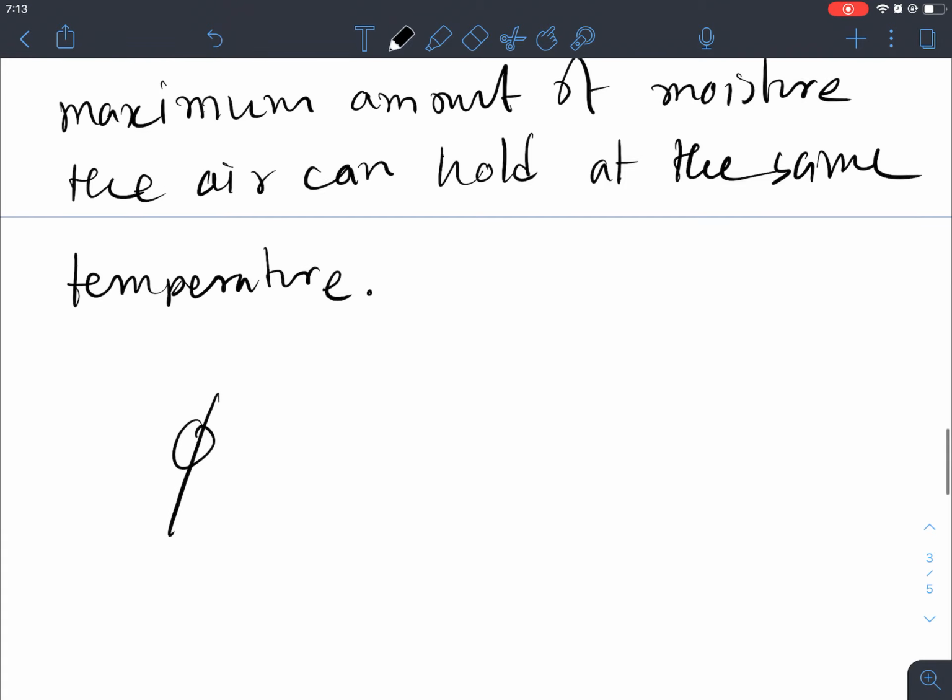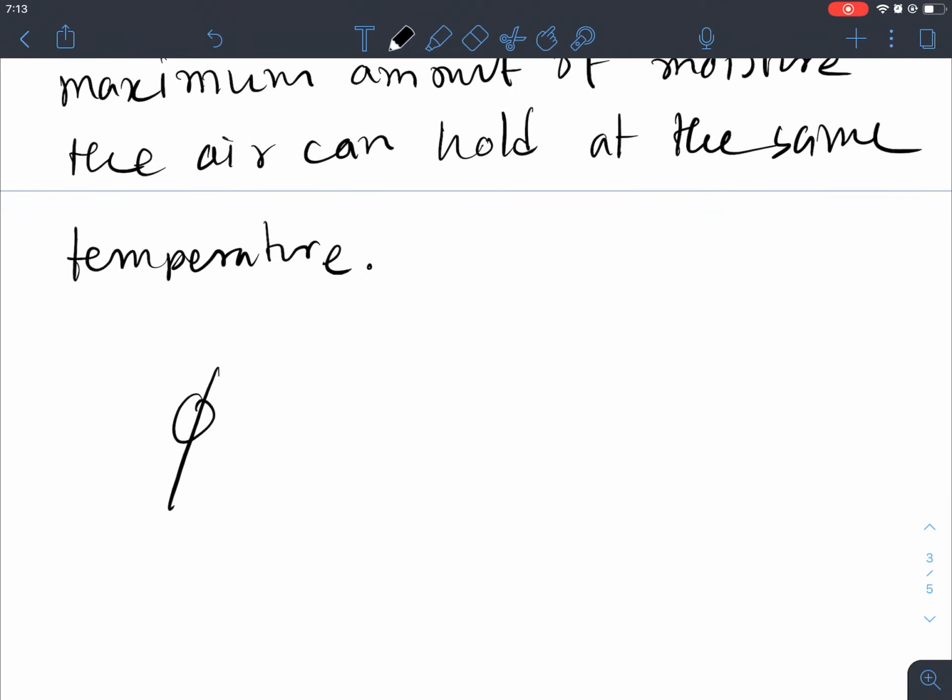So we define the relative humidity by phi. Phi is nothing but the mass of water vapor divided by the mass of the maximum amount of water vapor that can be held within that air, right?